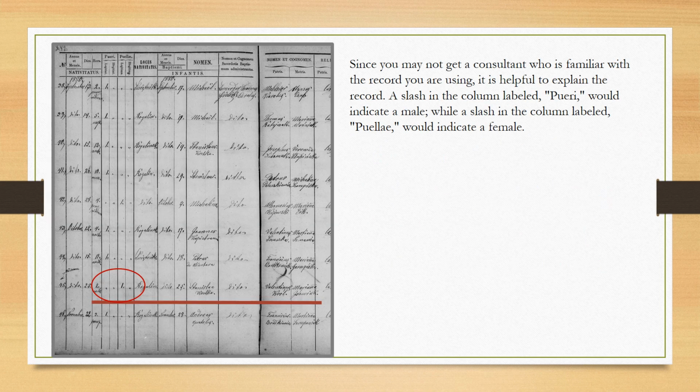Since you may not get a consultant who is familiar with the record you are using, it is helpful to explain the record. A slash in the column labeled Pura would indicate a male, while a slash in the column labeled Puela would indicate a female.